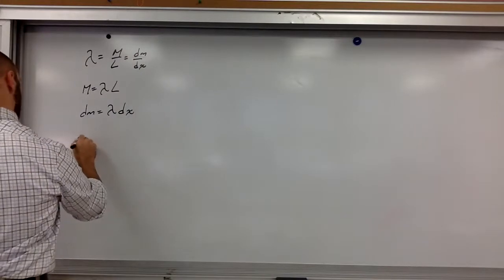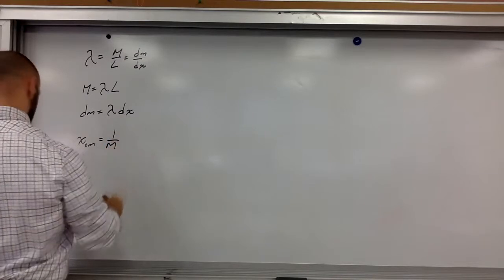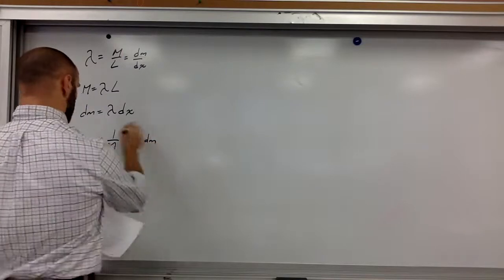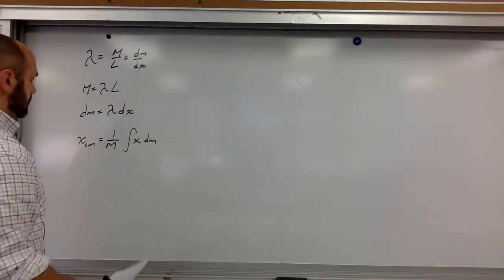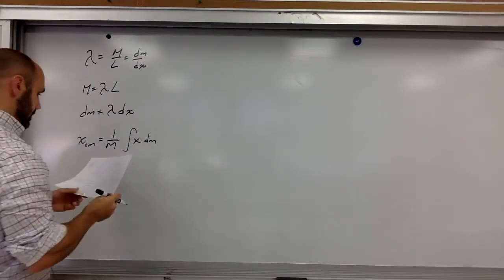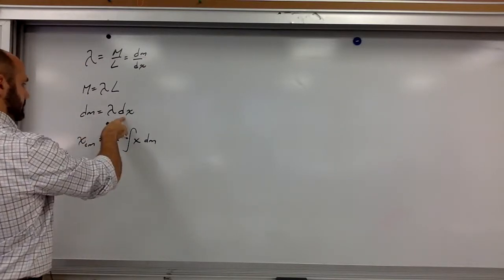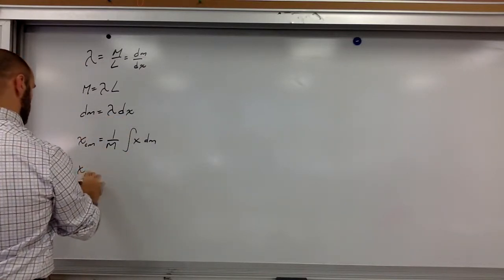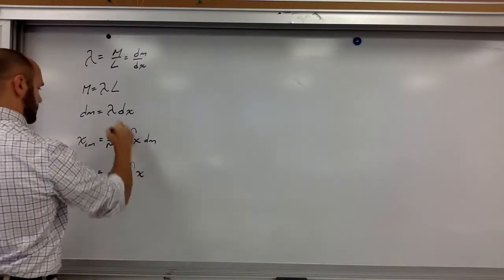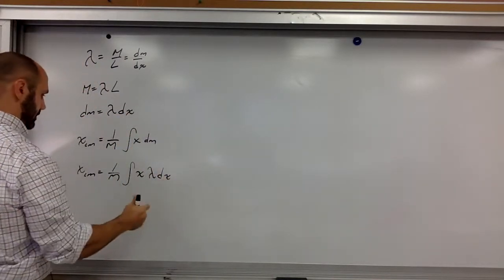If I want the center of mass, then I get that by taking 1 over big M times the integral of x dm. This is our formula. What we're going to do then is, instead of dm, I know dm is equal to lambda dx, so x cm is 1 over M times the integral of x times lambda dx. dm is equal to this, so that's what goes in there.